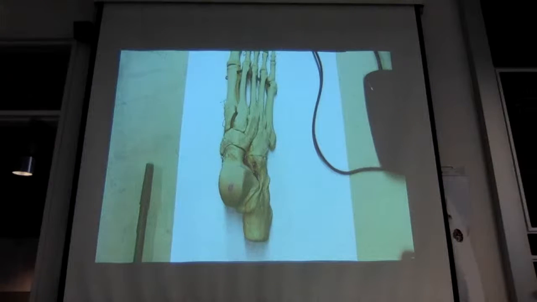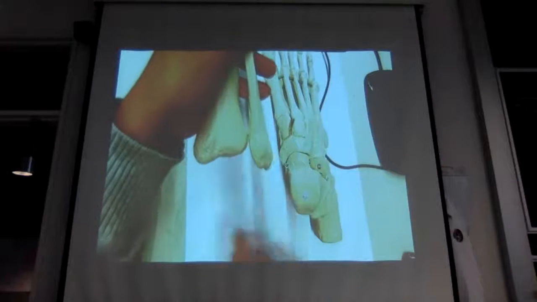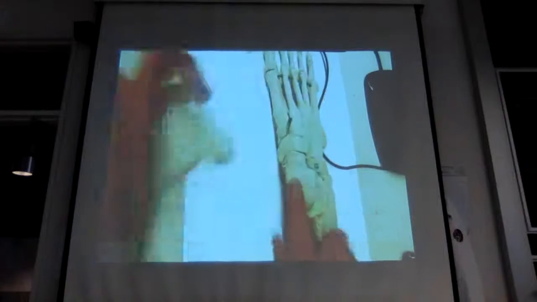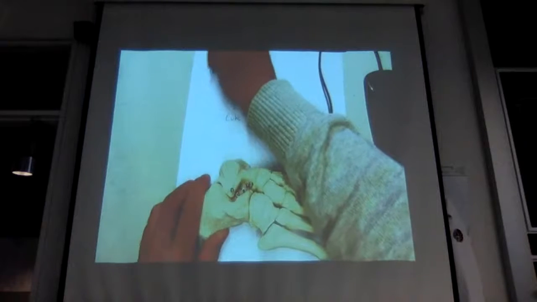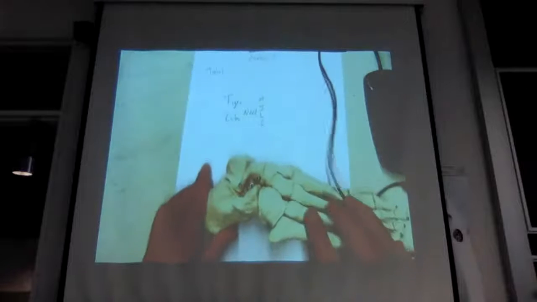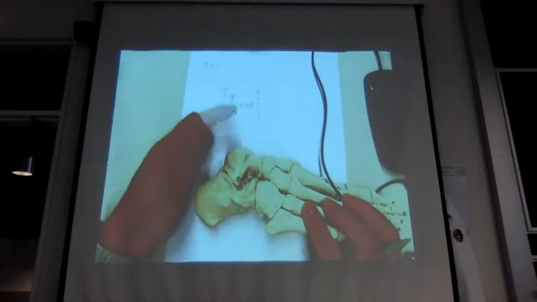See the space right here that the malleoluses make? That fits in right here with this bone. This bone is the talus. T is for talus. That's one on top. Talus on top.